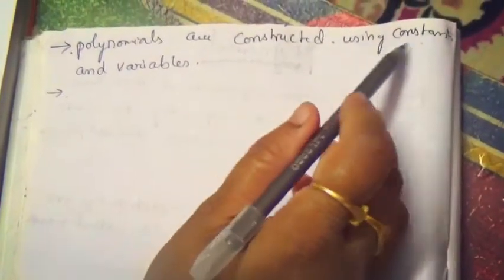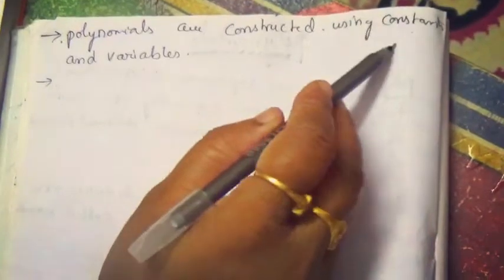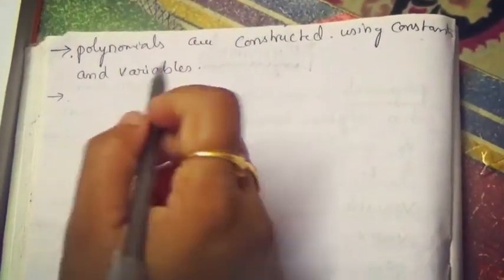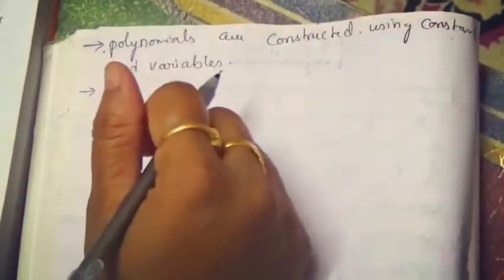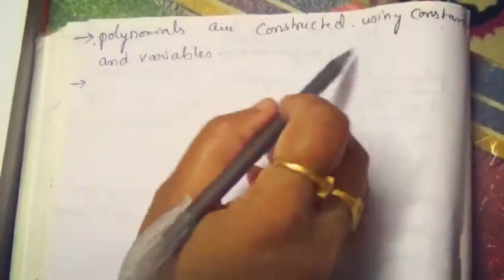Constants mean the numbers, numerical values, and variables, as we already saw on the previous page, are x, y, z, l, m, n, a, b, c, whatever you want you can use, right? By using these two we can construct polynomials.